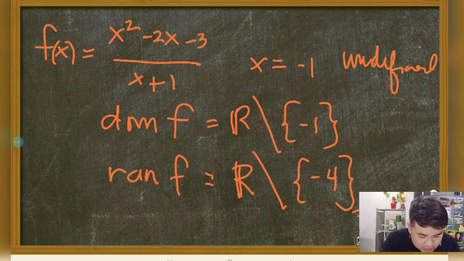So that's why the range now is this one. Those are, of course, the domain and the range of (x squared minus 2x minus 3) over (x plus 1). Okay? So, if you have questions or clarifications, you can comment down below so we can discuss it in the next video.